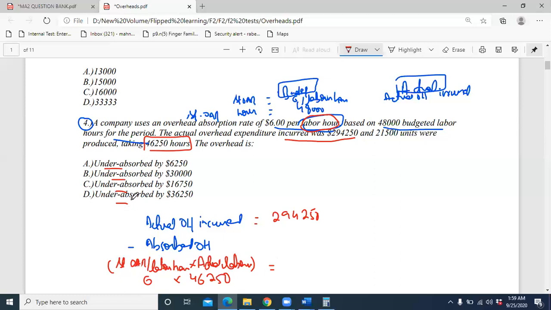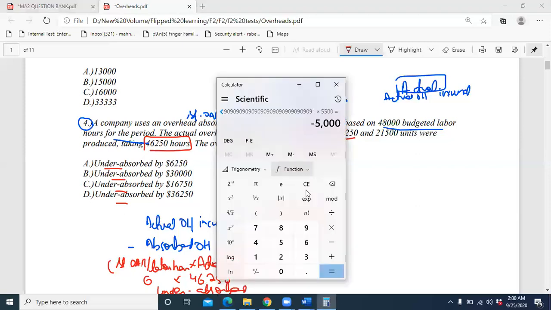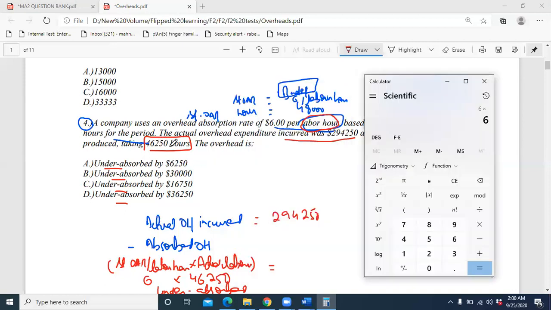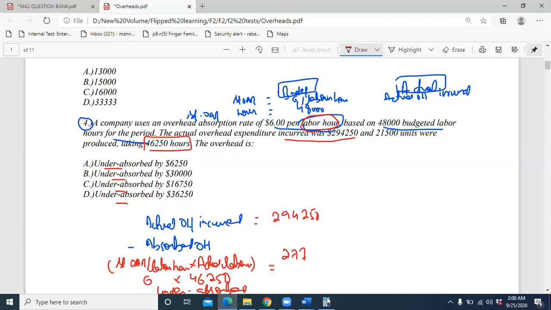So basically here we need to identify the amount of under absorbed overhead. I know the standard overhead absorption rate, I absorb on the basis of 6 per labor hour. So for actual labor hours of 46,250, I absorb less. Yes, that's why it's under. 277,500.